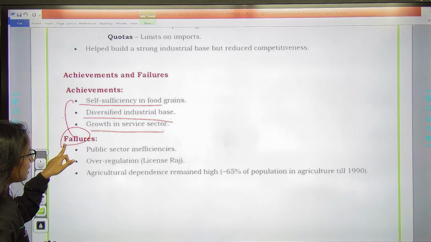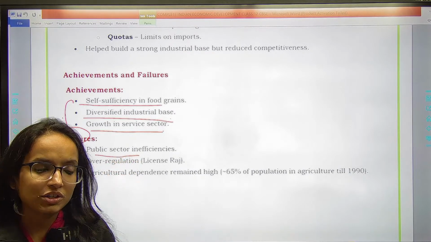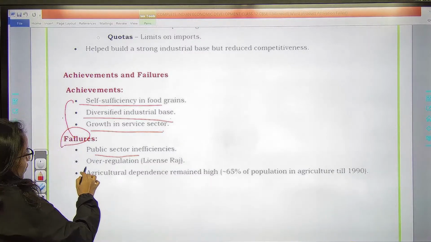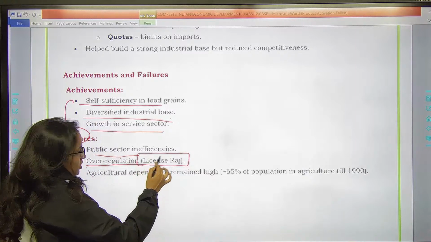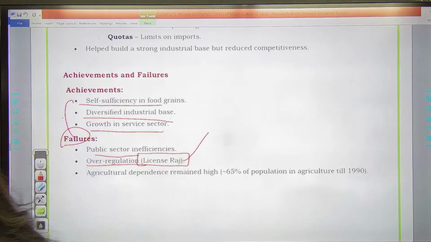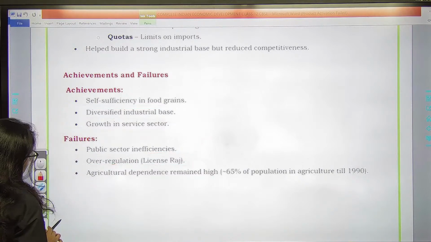And what were the failures? Public sector inefficiencies. Although industries were majorly held by the government, they were not efficient enough. And over-regulation or license Raj. Indian industries were suffering from license Raj. What is license Raj? License Raj basically means where you have to get lot of approvals from different departments and ministries.